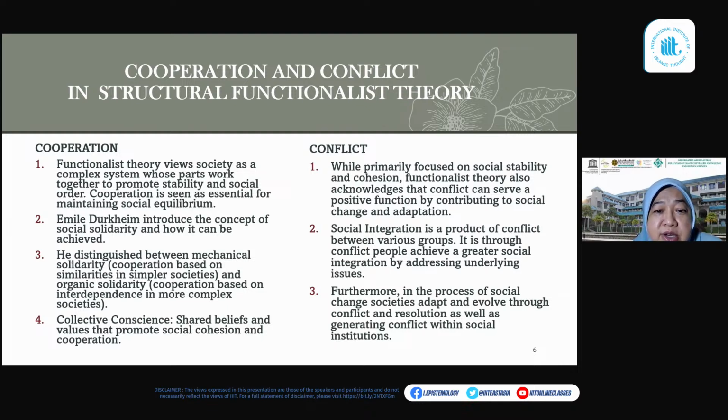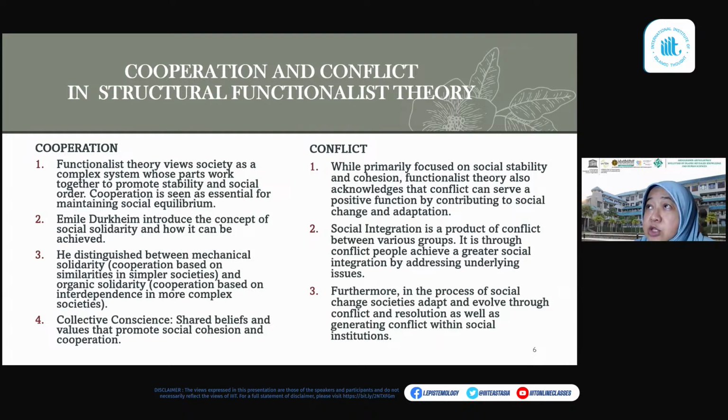Social integration is a product of conflict between various groups. Let's say in organic solidarity, which we practice in a modern society, people are related to others with the different skills that they have. This different skill can cause conflict, but then it is used as a way of how cooperation works with others.